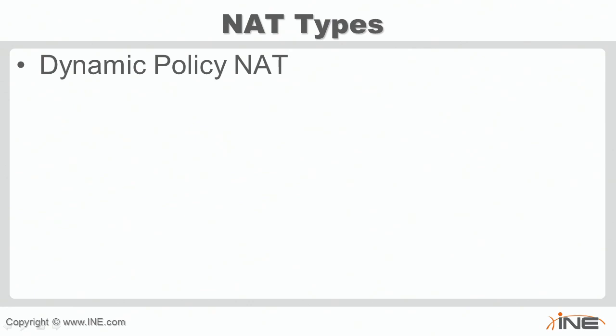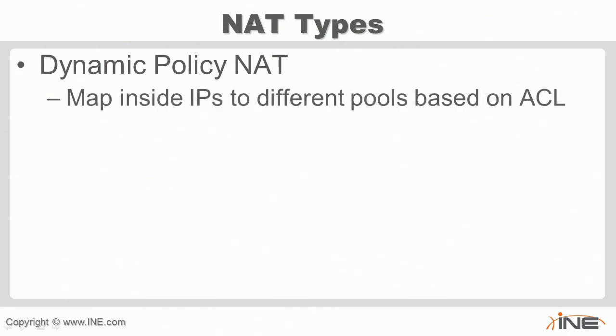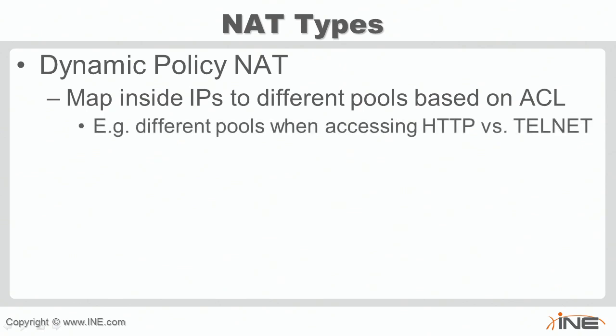What these two are used for is to allow a translation conditionally depending on where the traffic is going to. So we can map the same inside address to multiple addresses or different addresses on the outside depending on how the traffic is classified. So for example, I could say that if I'm using web browsing, I'm going to hit one pool.